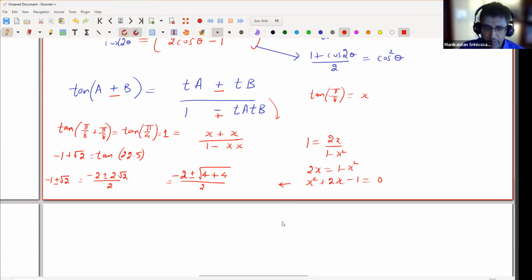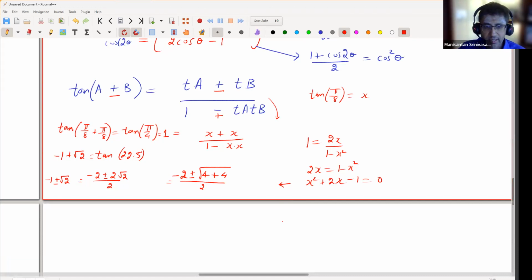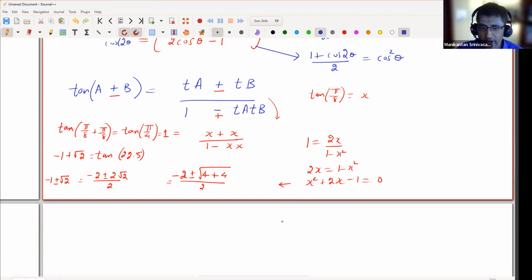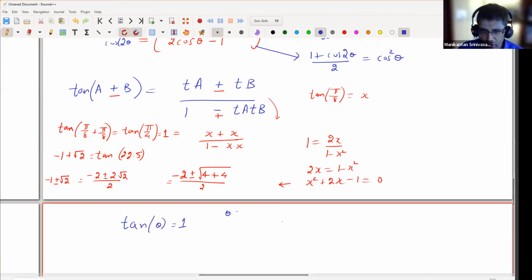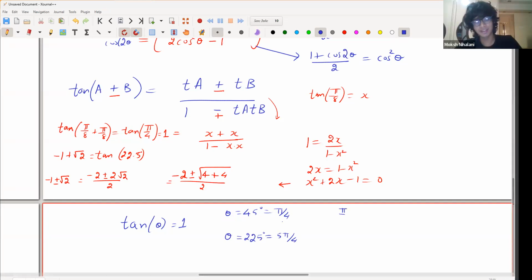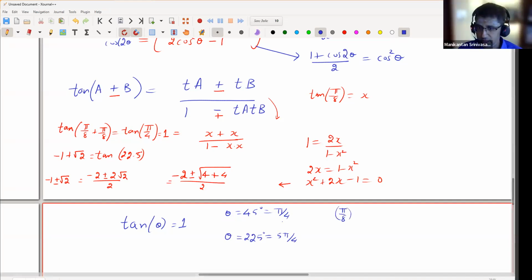One very small mistake you did. So what is this other root telling you? There are two values for theta when tan theta is 1. Tan theta is 1 when theta is 45 degrees or pi by 4 radians. That's the first quadrant, and we'll do it in the next class in a more thorough fashion. Tan 225 degrees, which is 5 pi by 4, right? So the other angle that you're seeking is 5 pi by 8. Yeah, my mistake. So tan of pi by 8 was this.